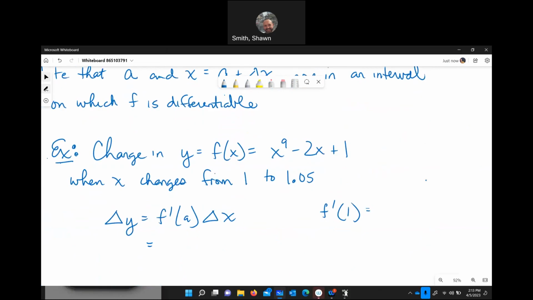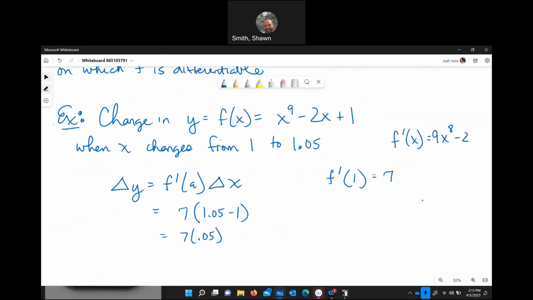Where I'm starting from, f prime at 1, plug that in. Let's see what f prime is. That's 9x to the 8th minus 2. Putting in 1 in there, that's 9 minus 2, that gives 7. We'll put 7 times the change in x, 1.05 minus 1. That's 7 times 0.05. The change in y is going to be 0.35.